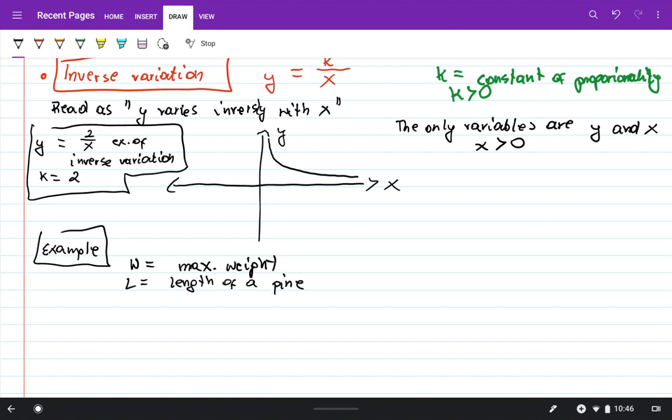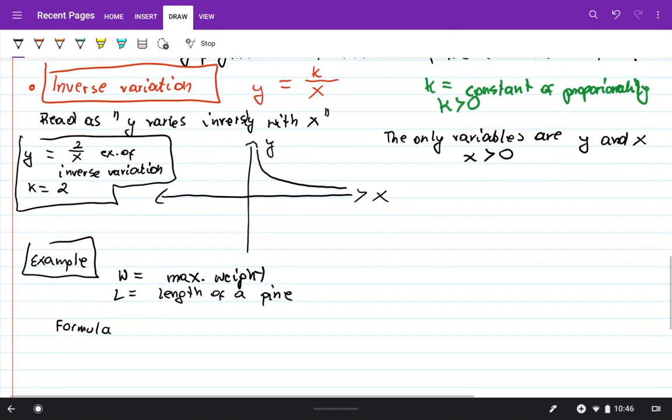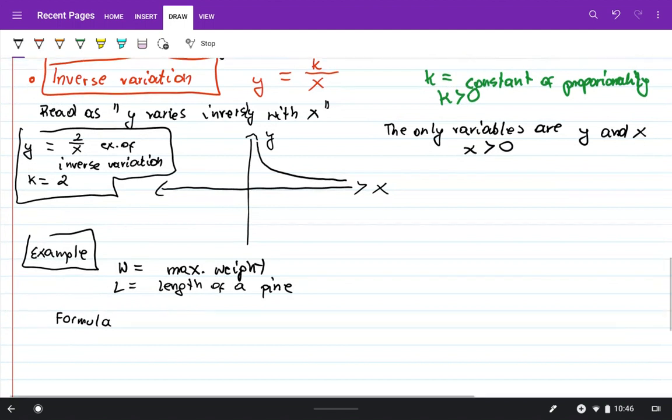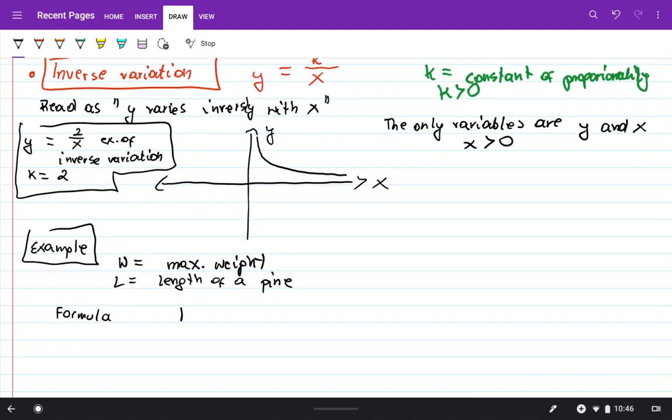And those two variables have an inverse variation. So I'm going to create a formula. The formula we'll use to solve this problem will be the inverse variation. We're not going to use y and x. We're going to use w and l. So it's going to be w equals k divided by l. Here we have the only variables we should have in this problem. And k is a constant of proportionality, which we need to find.